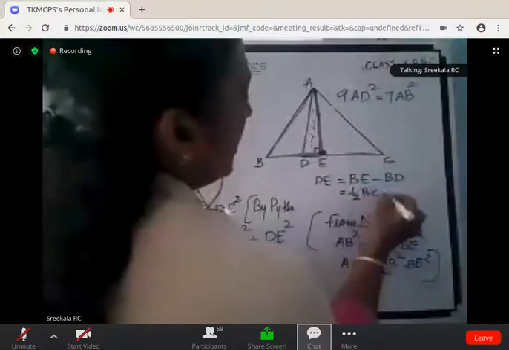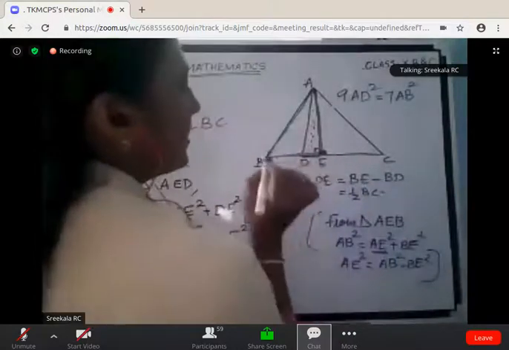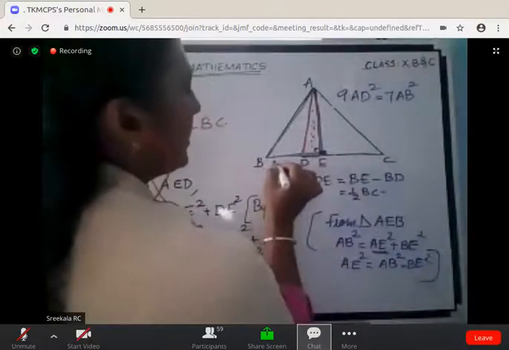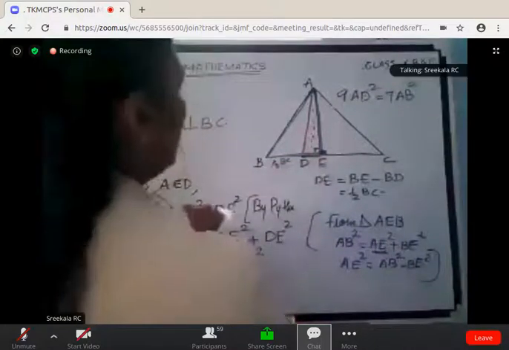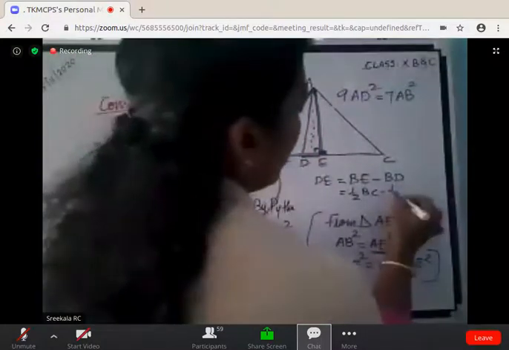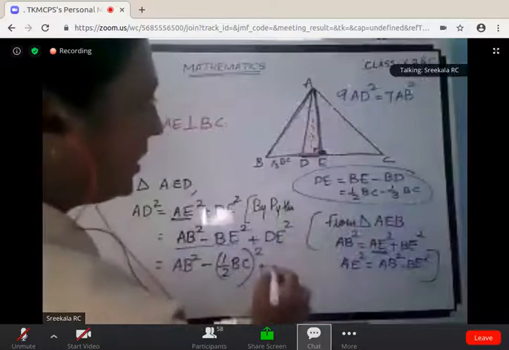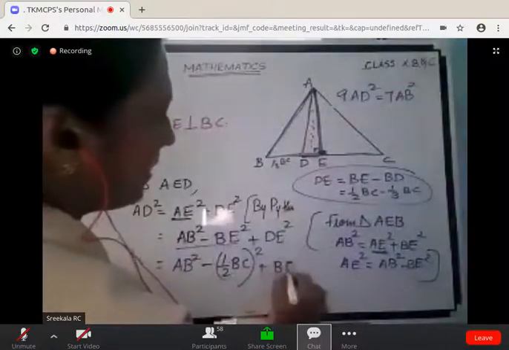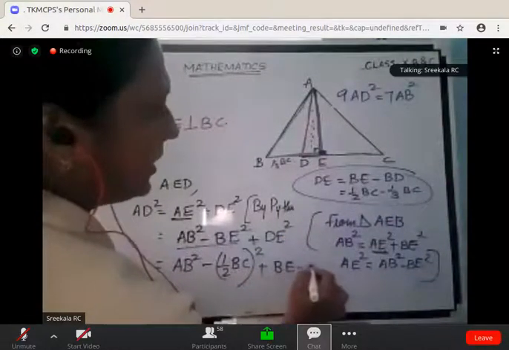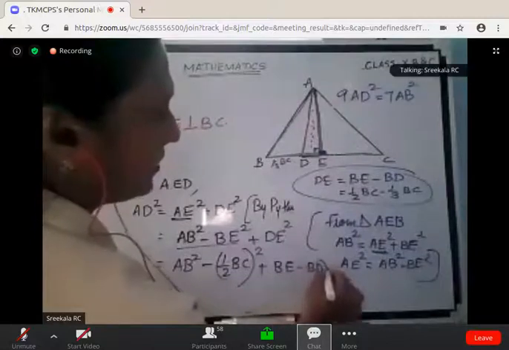BD, it is given in the question that BD equals 1 by 3 BC. So BD can be written as 1 by 3 BC. So DE can be written as BE minus BD, the whole square.